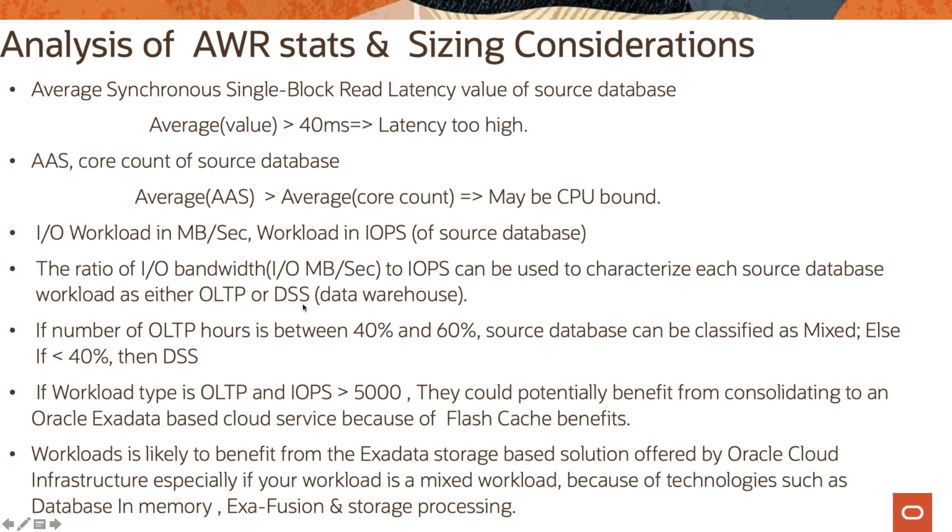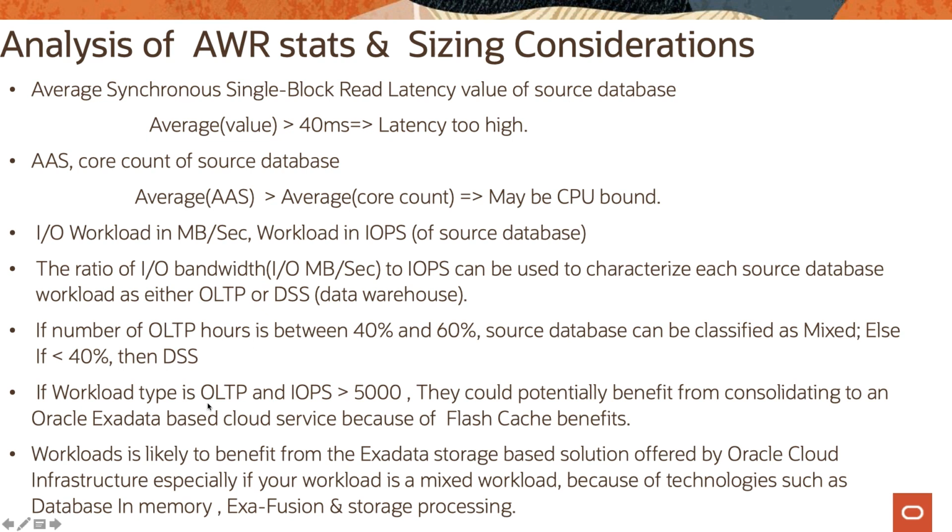Another factor you can think about: if the percentage of OLTP hours is between 40% and 60%, the source database can be classified as mixed. Otherwise, if it is less than 40%, then it is a decision support system.